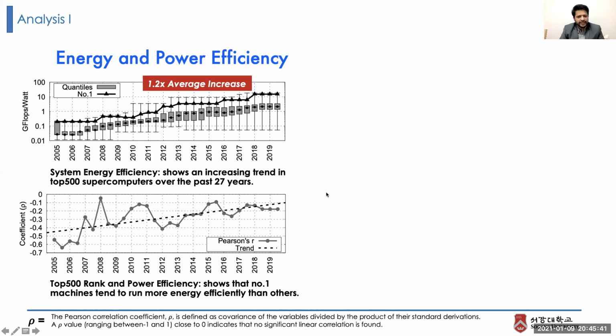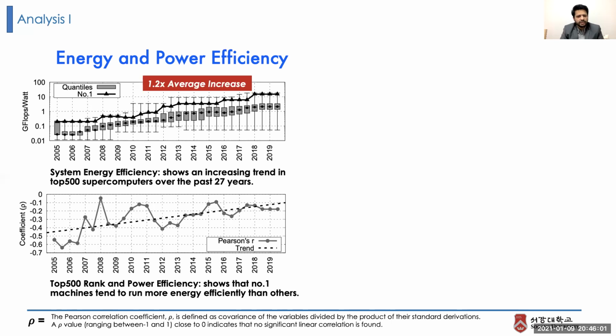To further investigate and validate our observation, we analyze the correlation between Top500 rank and energy efficiency. Each point in the bottom plot specifies the Pearson correlation coefficient, where the energy efficiency is described as a function of the rank in the corresponding Top500 listing.